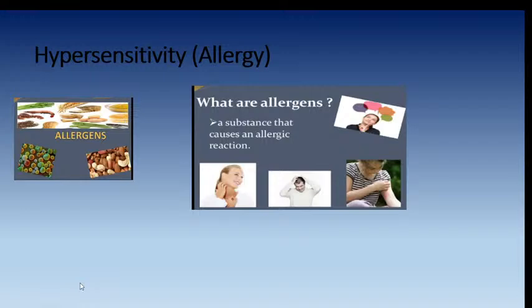Because the allergy response varies from individual to individual, it is very specific. This foreign substance we can call an antigen, or the allergen can be considered an antigen. So hypersensitivity reactions, or allergic reactions, are actually antigen specific, and they occur after the immune system has already responded to the antigen.